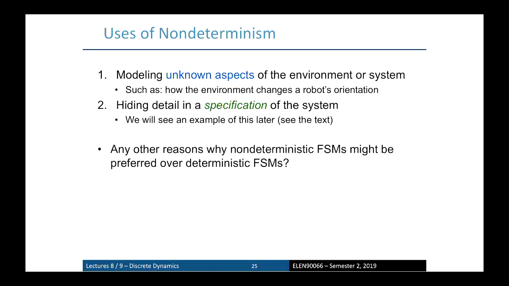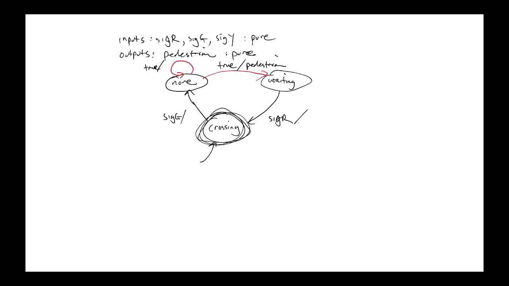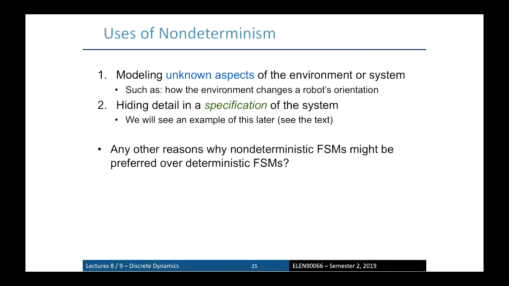You may not know the mechanism for how that happens, just that if it does happen, you need to go to a state to counteract that. That's another nice way of thinking about that, right? You've still got to draw out a state diagram to show how the robot responds, but you might not know how it gets in that particular state. So you do a non-deterministic model for it.